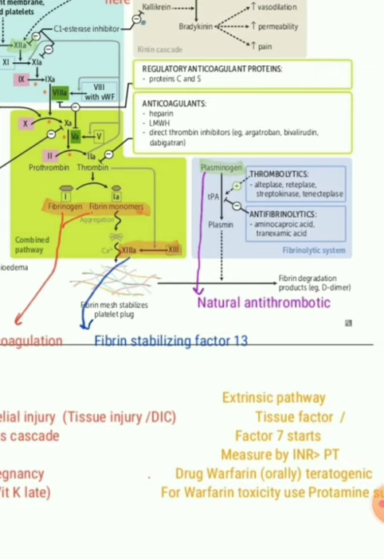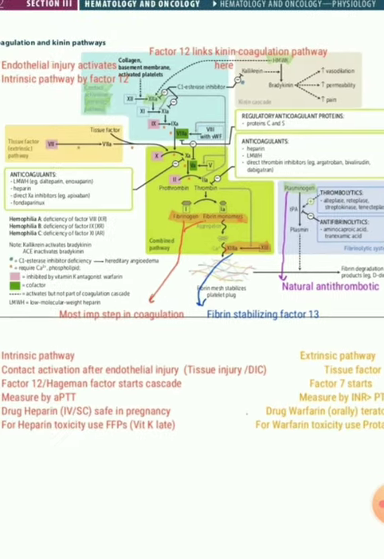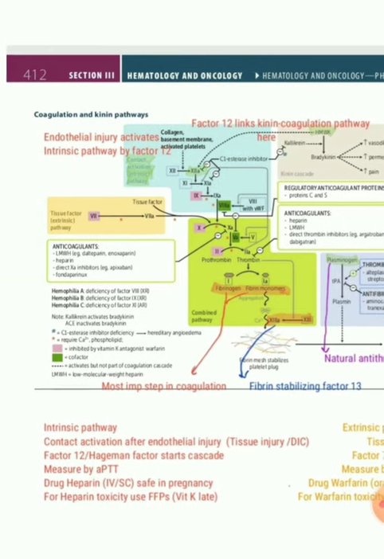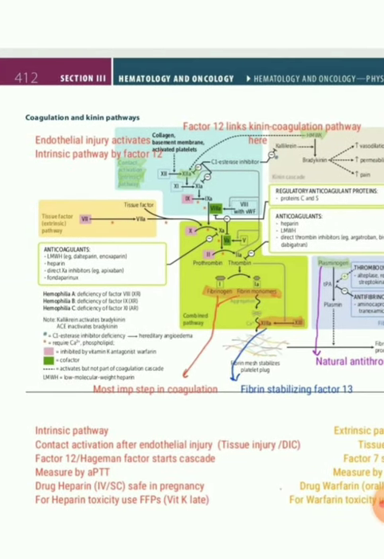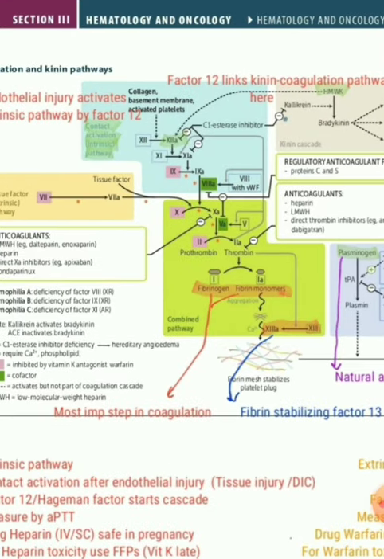So there are three MCQs in this pathway, or you can say four. The first one is mostly that the coagulation pathway starts with factor 12, that is the endothelial injury, factor 12, and the intrinsic pathway is mostly involved inside the body. We do not mostly see the extrinsic pathway, it is the intrinsic pathway. And all the factors, 12 to, in reverse order, 11 and then 9, and then prothrombin to thrombin, and the only important step for MCQ is fibrinogen to fibrin monomer.